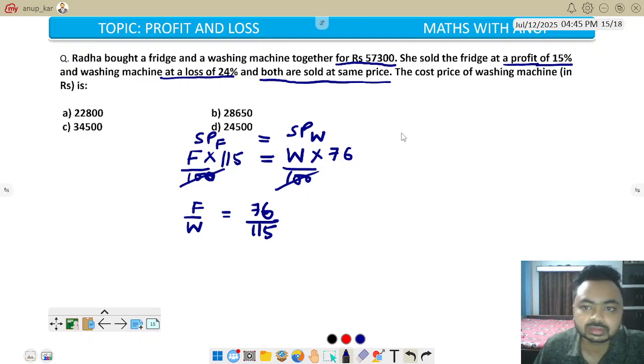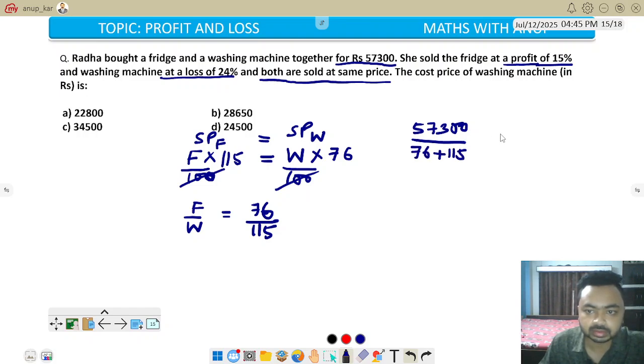Now the cost price of washing machine in rupees is, here one condition you have to use: 57300 is the total cost price of fridge and washing machine. So 57300 is the total cost price of 76 plus 115.